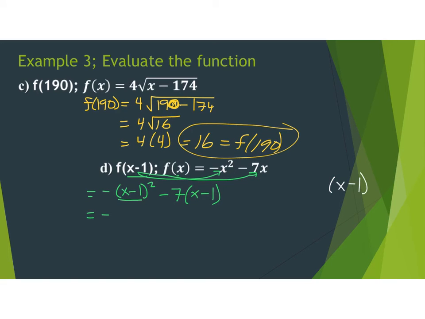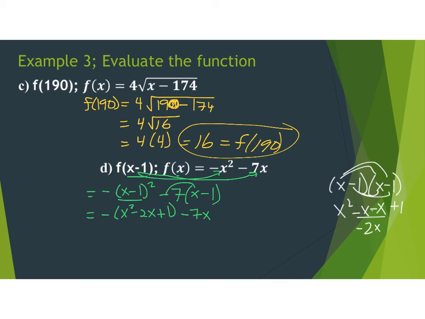X minus 1 times x minus 1, x squared minus x plus 1. So that's minus 2x right there. So I'm going to move it back over here. X squared minus 2x plus 1 minus 7x plus 7. And then simplification, because that needs to be distributed in there.